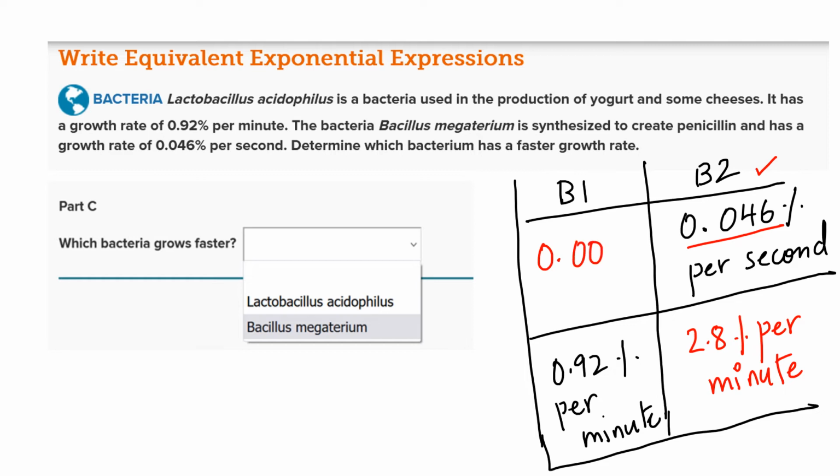Now I'm not remembering the exact value, but definitely this value was lesser than what was in B2. So in both the cases, whether it is per second or per minute, if we are comparing the rate of growth, B2 is always higher. So definitely Bacillus megaterium, this bacteria is going to win, and it is the one which is growing faster.